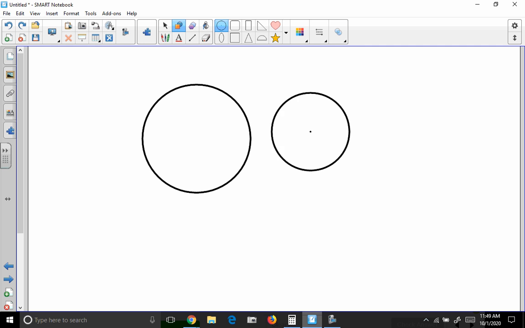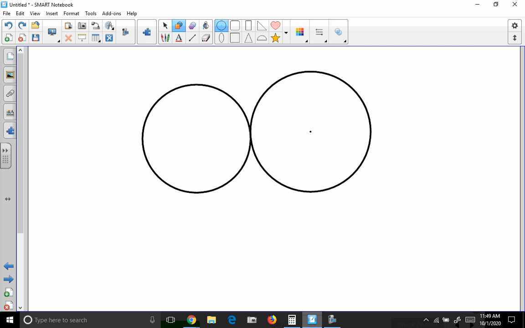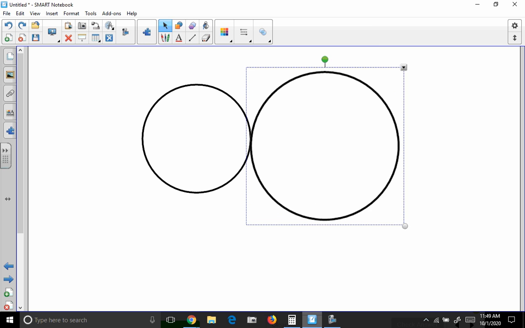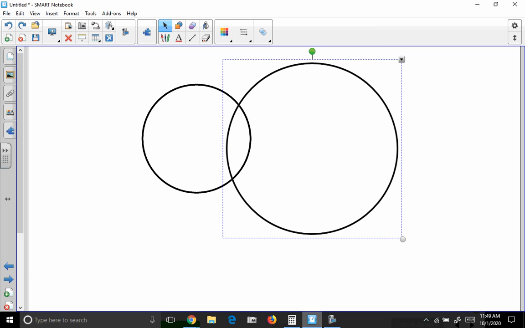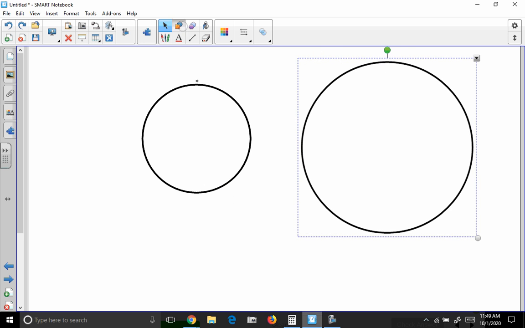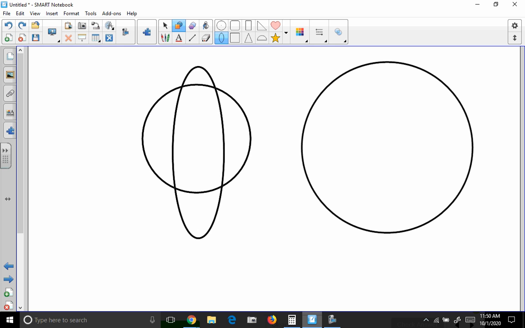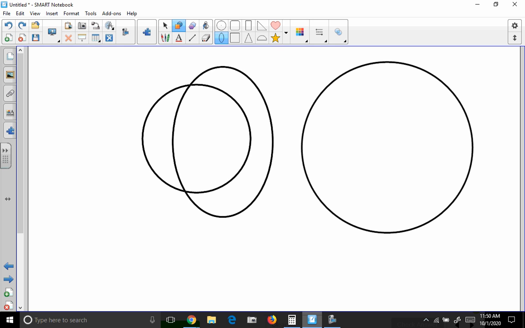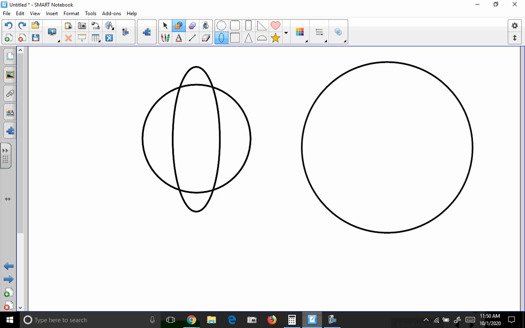If we have a circle intersecting another circle, it could be that they intersect at one point, or it could be that they intersect at 2 points, or no points. Or if we intersect an ellipse with that, they could intersect twice, or 3 times, or 4 times, or just 1 time, or no times.